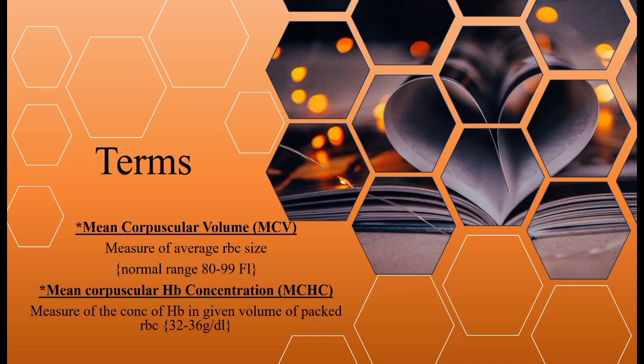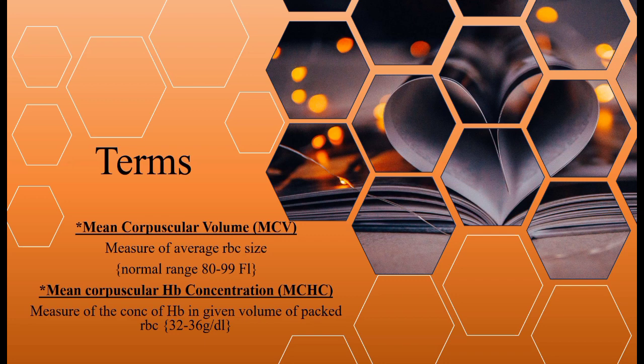You will also see what we call the mean corpuscular hemoglobin concentration, denoted as MCHC, and it is just the measure of the concentration of hemoglobin in a given volume of packed red blood cells. The normal range is 32 to 36 grams per deciliter, and all this is when we are measuring the oxygen carrying capacity of a red blood cell.